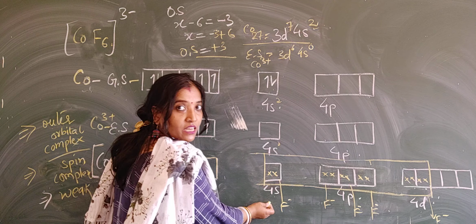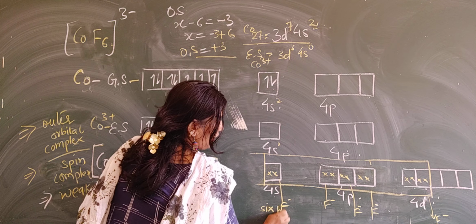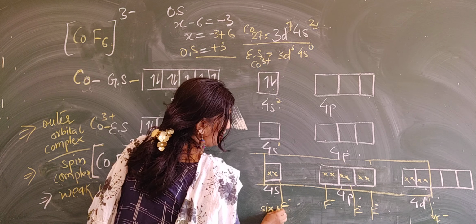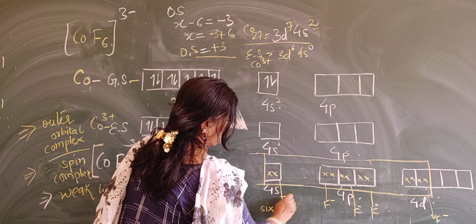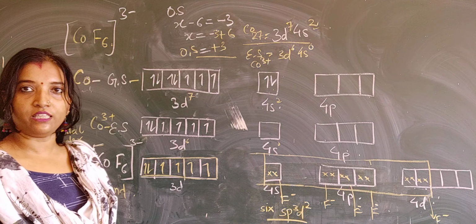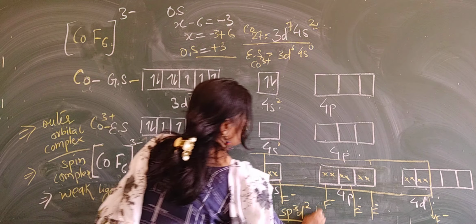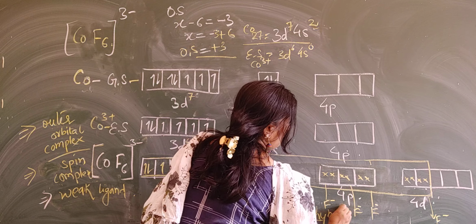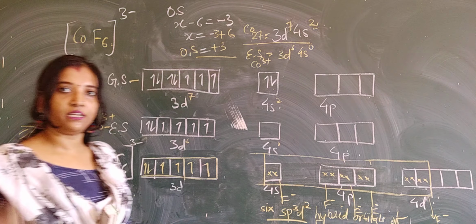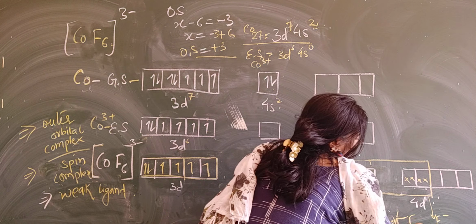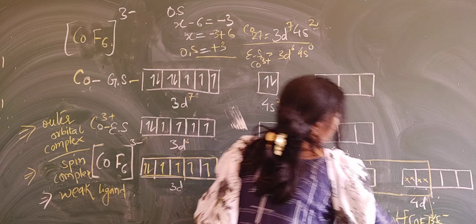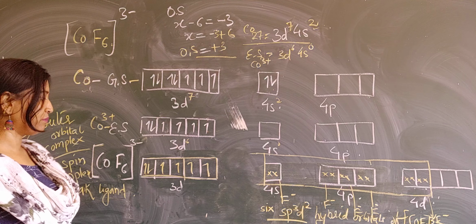So we can write here 6 sp3d2 hybrid orbitals of [CoF6]3-. So this is the structure.